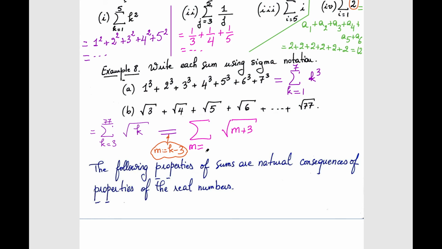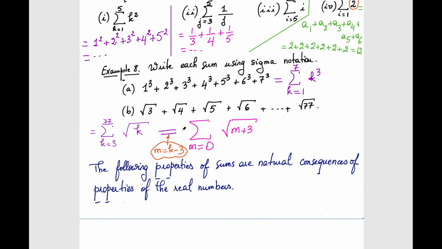where does m range? Again, if k goes from 3 to 77, m ranges from what to what? What's the lowest value that m can start from? Well, if k's lowest value is 3, m's lowest value is gonna be 3 minus 3, so 0, right?